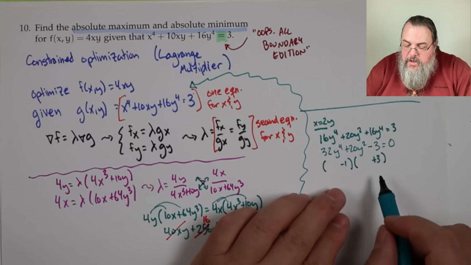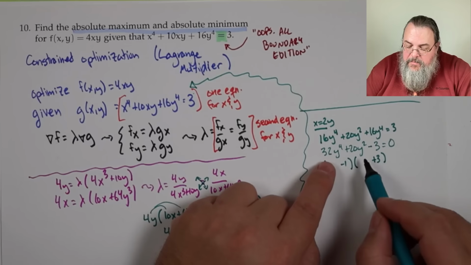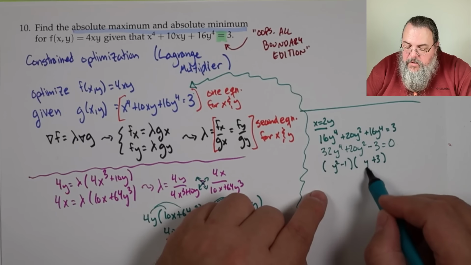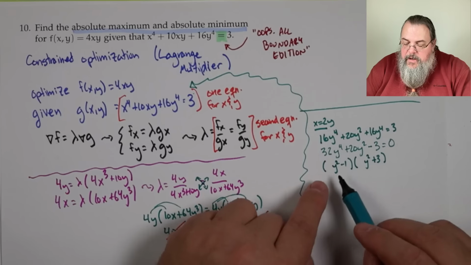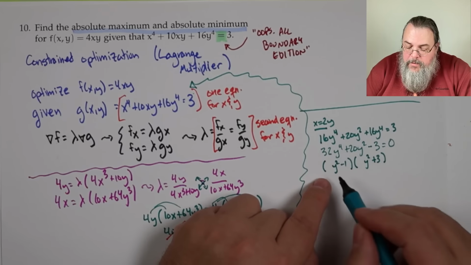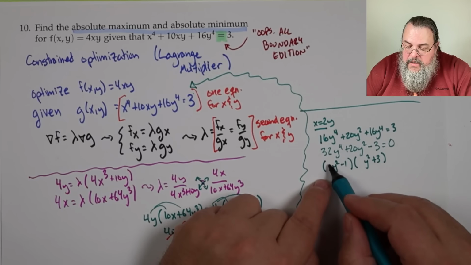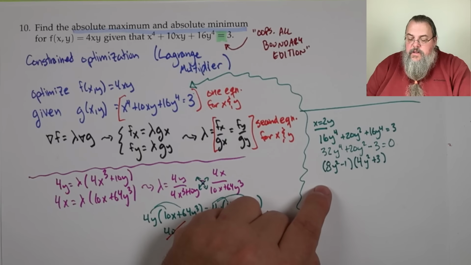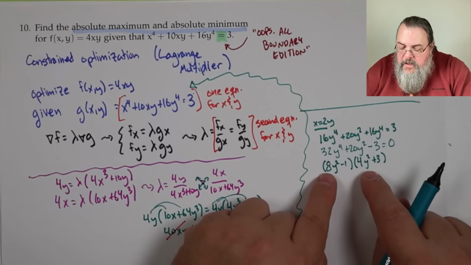We need to break this up. Everything's in terms of y squared, so we have something y squared, and we need to think of how to break up 32. One way to do it is 8 and 4. I think this works. Let's check.